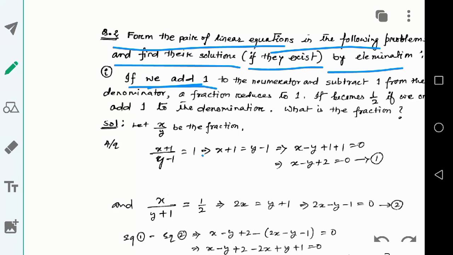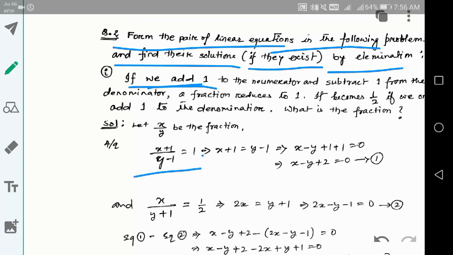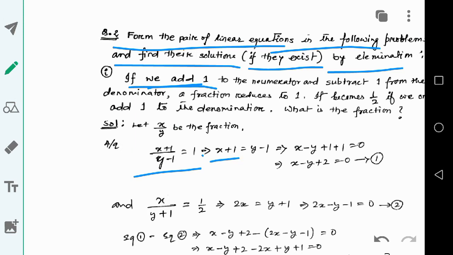So we will get x plus 1 by y minus 1 is equal to 1. After cross multiplication we will get x plus 1 is equal to y minus 1. Simplifying this we get a linear equation x minus y plus 2 is equal to 0. This is equation number 1.